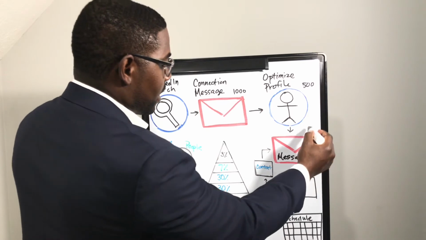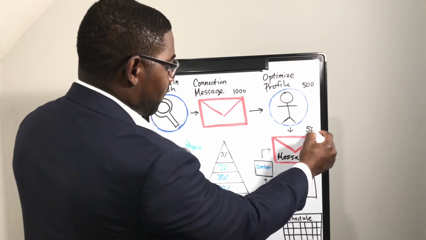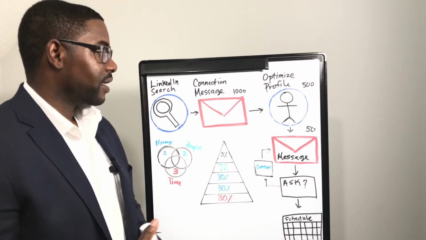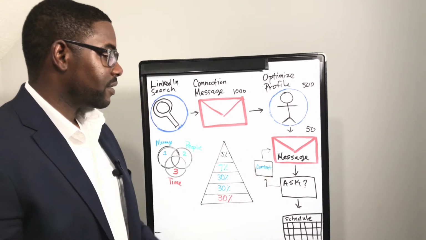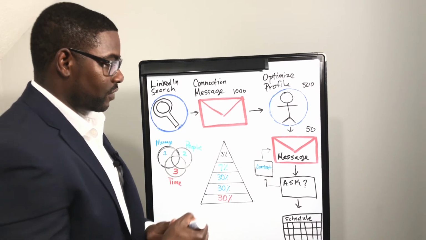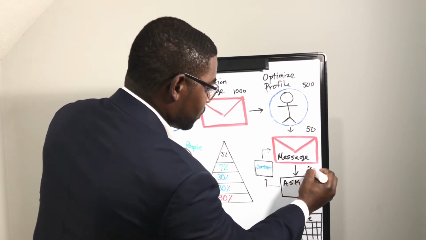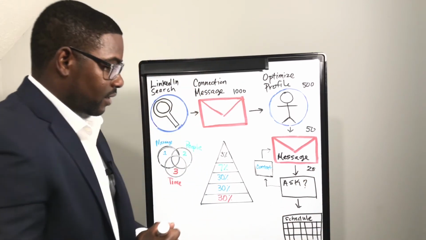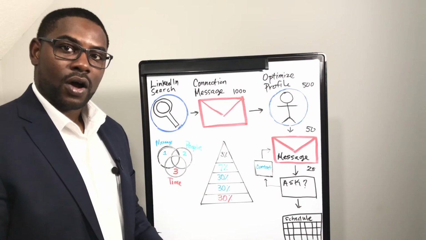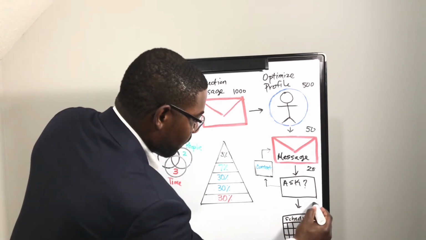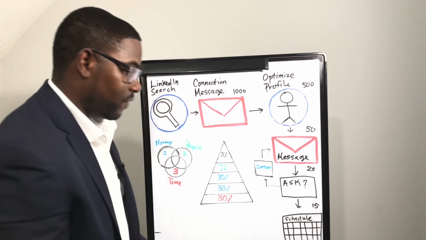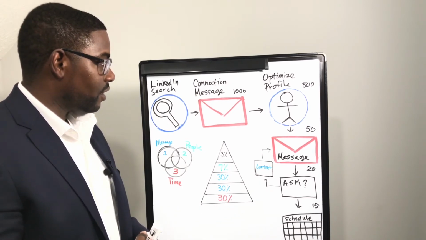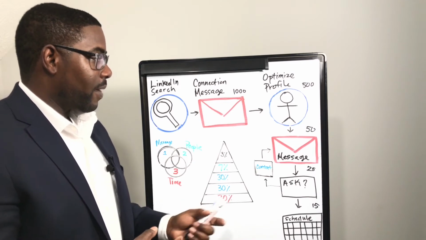And then about 50 people or prospects typically reply or respond to that message. And out of those individuals, about 25 to 30 respond and say that they're interested in a call, and about 15 of those individuals will book a call into your calendar.